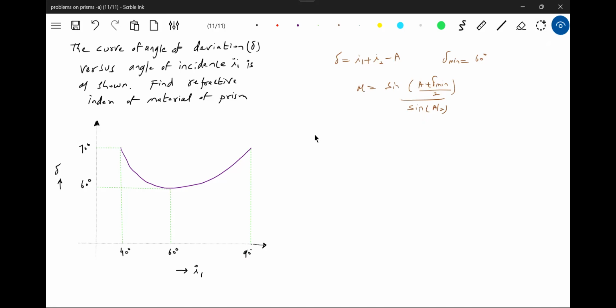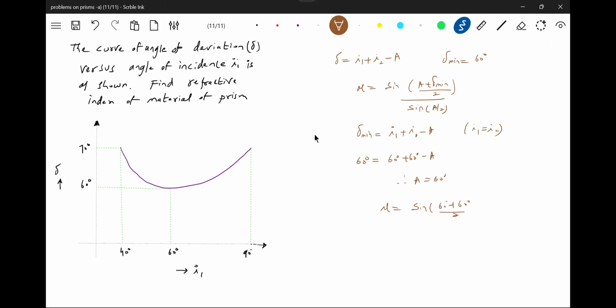Then we know at minimum deviation I1 equals I2, and so therefore A equals 60 degrees. Now substitute here, sine of (60 plus 60) by 2.